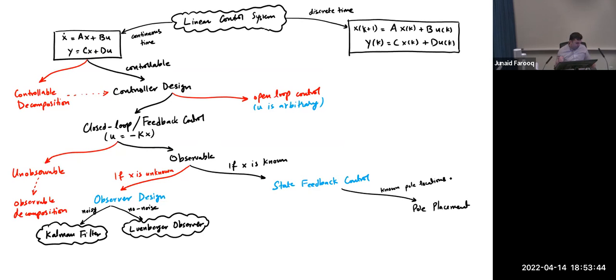And the pole placement you could have done using canonical form, or you could do using the Ackermann formula, right?